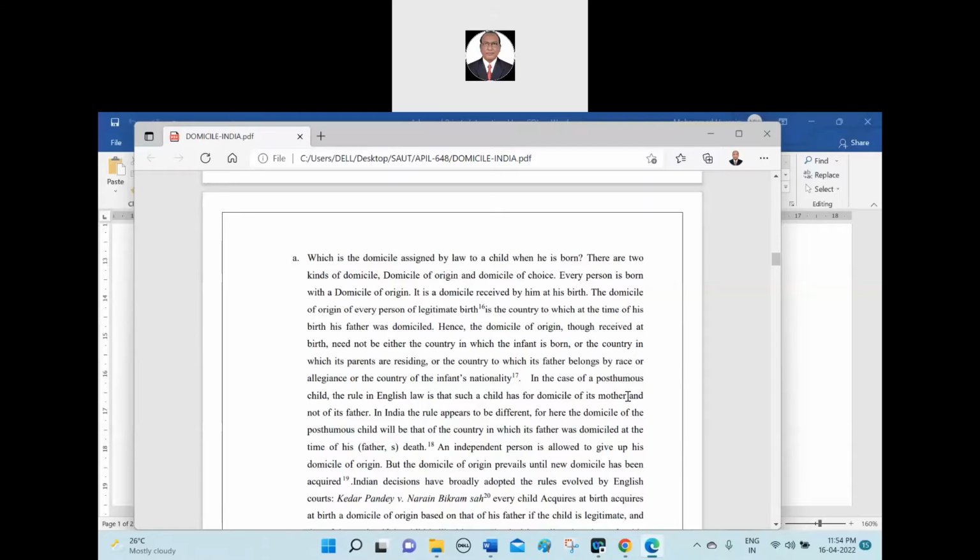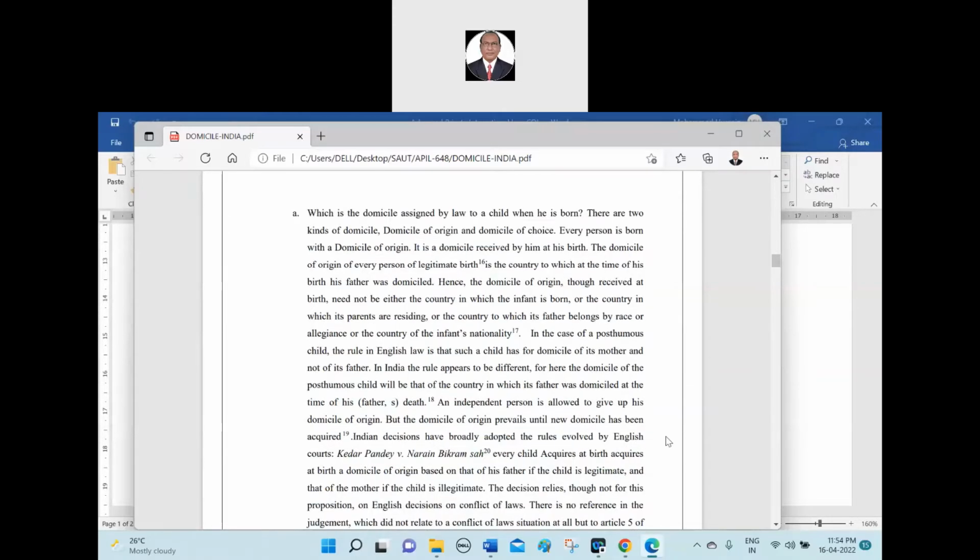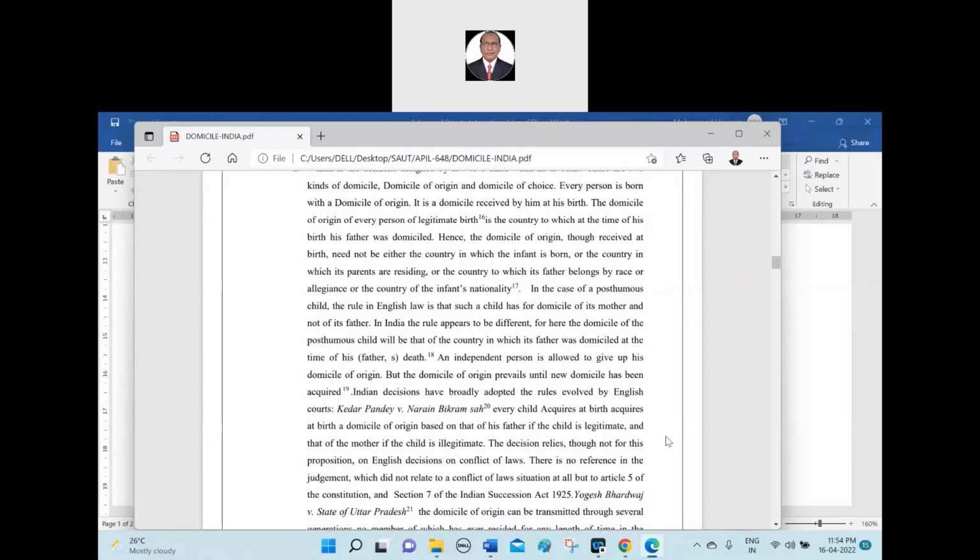Mother's domicile will automatically come to the child, and not that of its father. In India, the rule appears to be different, with a slight distinction, but we need not worry about that.